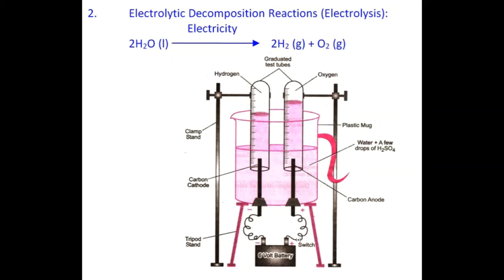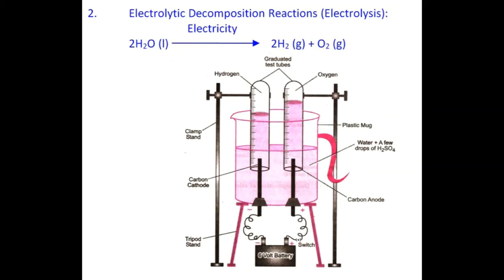Two gases evolve, and you see on the negative terminal, that is the cathode, the gas there is hydrogen because it burns itself. And at the positive terminal, that is the anode, oxygen gas is evolved. It helps burn.